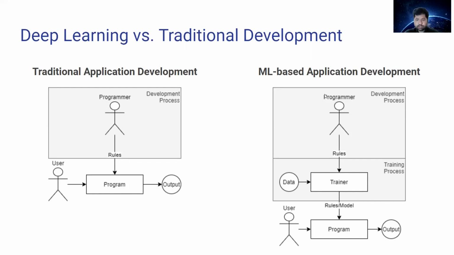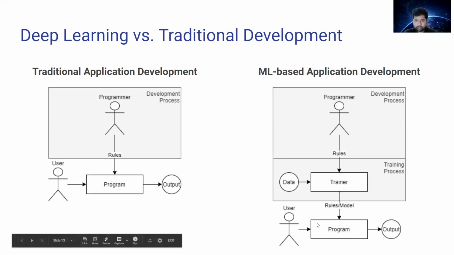In deep learning applications, the programmer writes the rules and builds what's called a trainer. A trainer is a program, but a different type of program. It takes lots of data and produces another program, which we then ship to the users, and the user interacts with this program.